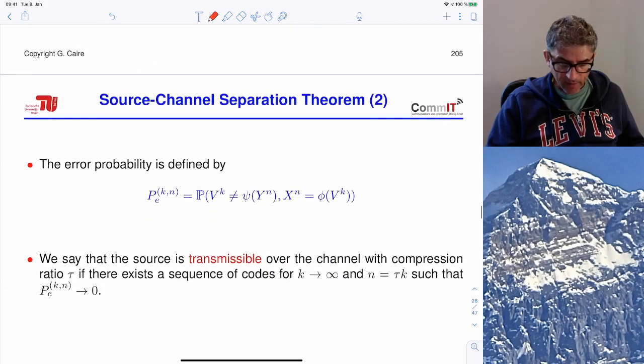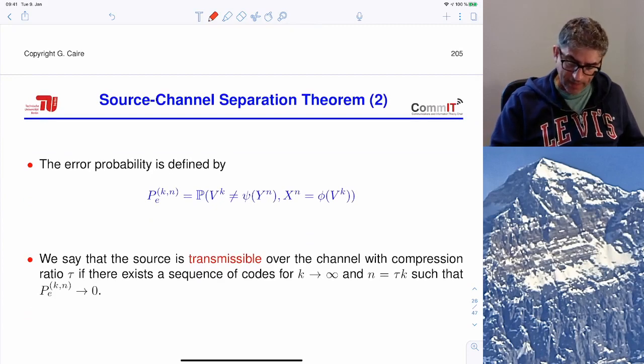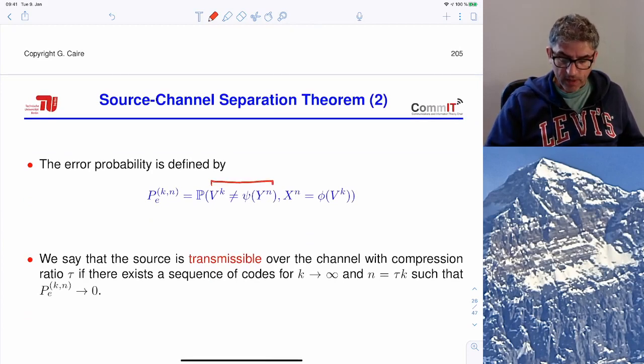And we define the probability of error as the probability that the decoder decodes a source sequence different from the actual source sequence.